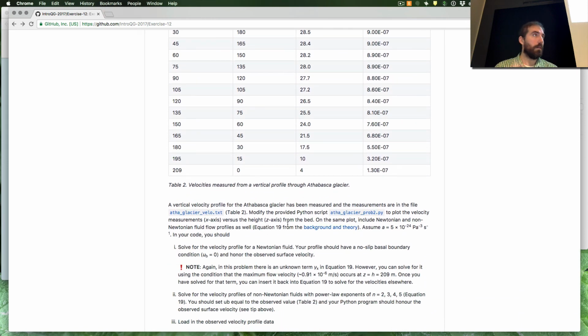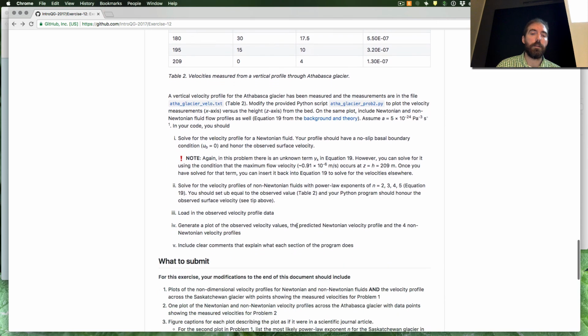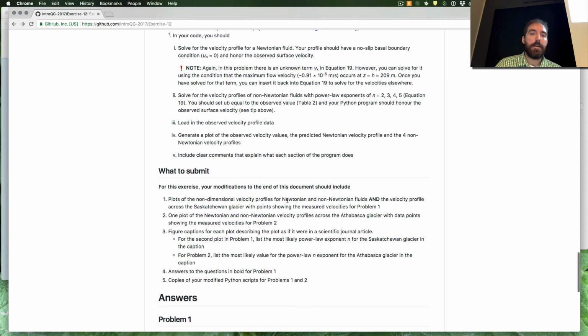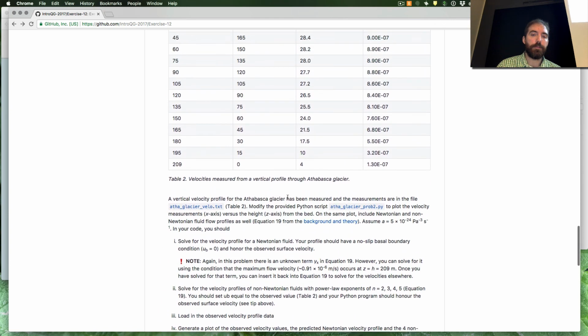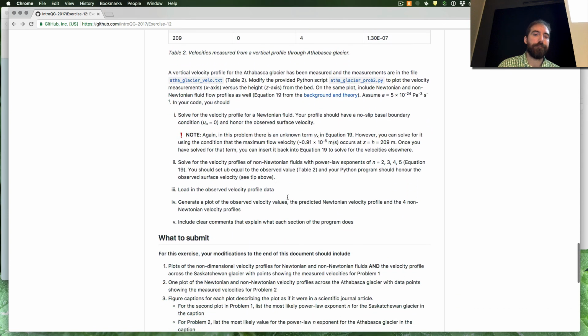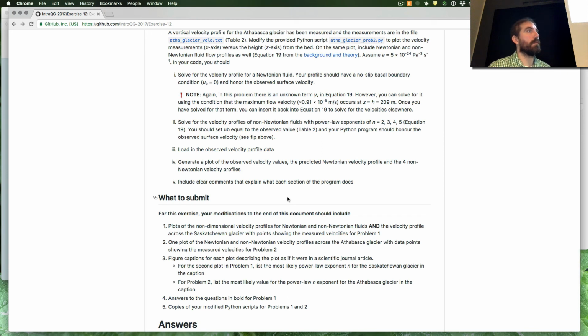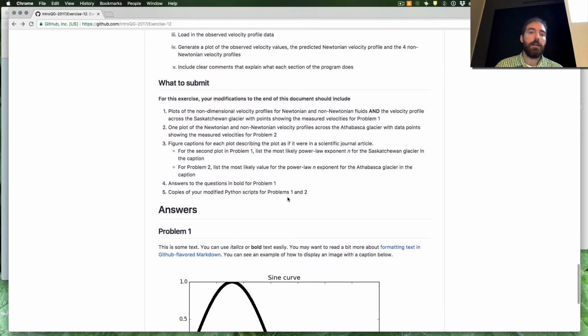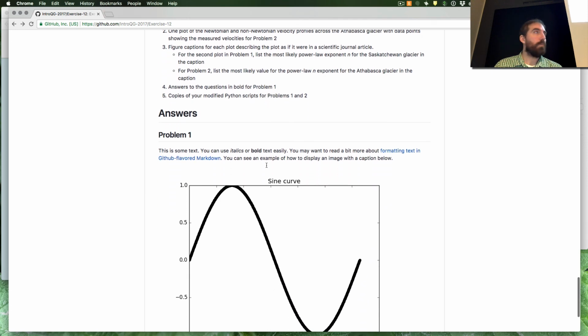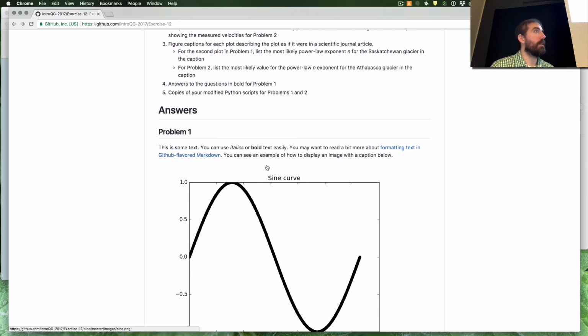And you'll calculate these velocity profiles of the ice going down this incline and then compare that to the observed values from this glacier in Canada. You've got a starter script again for this one, same kind of thing as the first exercise in terms of putting in the equation and working with it. So yeah, that's the exercise.